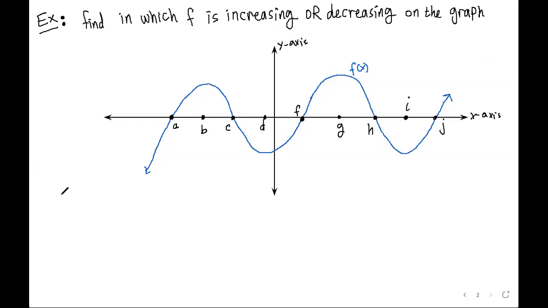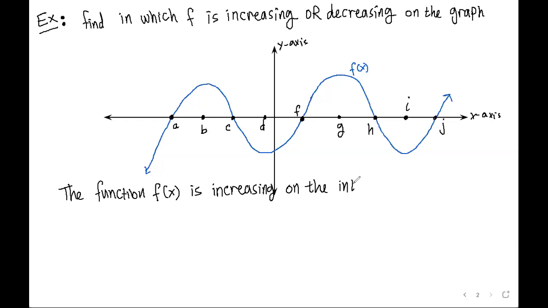So I can say the function f of x is increasing on the first interval from minus infinity until this point, B. Why?